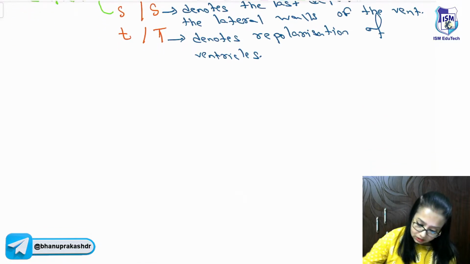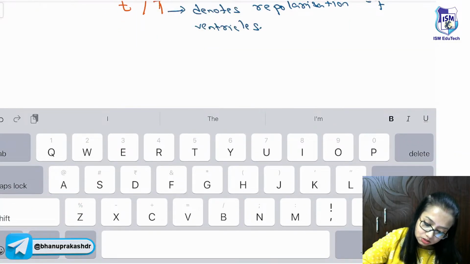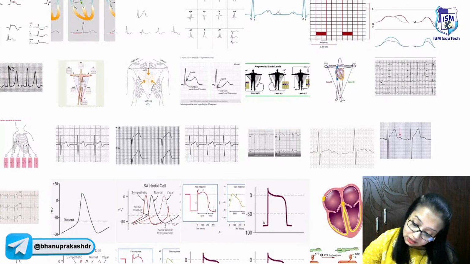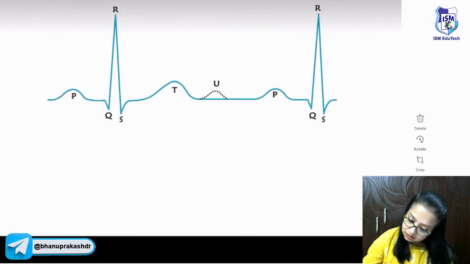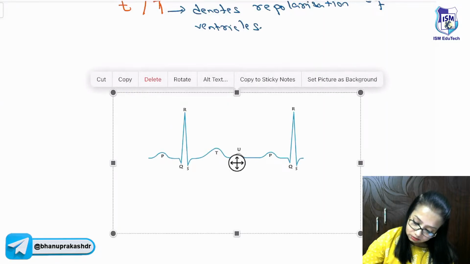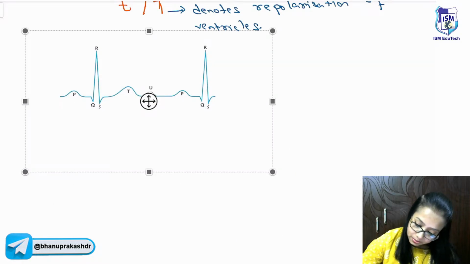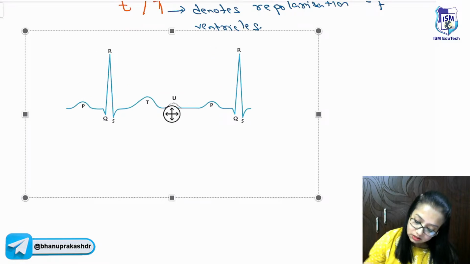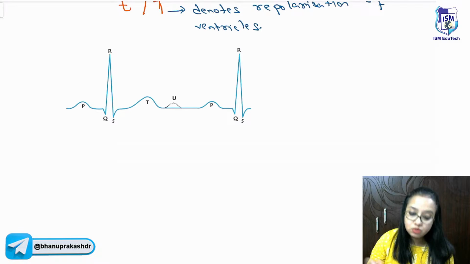Now, if we study the picture and look into the other details of it, as in this picture. Okay, so this is the PQRST.